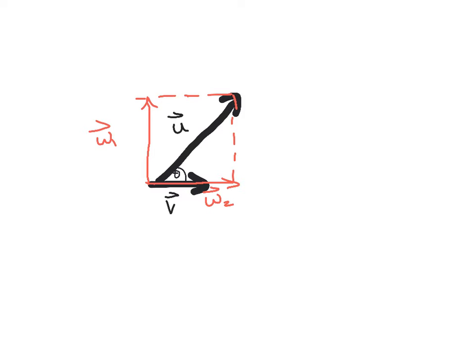Well, W1 is at a right angle to W2, which is also in perfect line with V. Which means that W1 is also at a right angle with V. It is orthogonal to V. So what we can do is set up an equation where the vector U equals W1 plus W2.